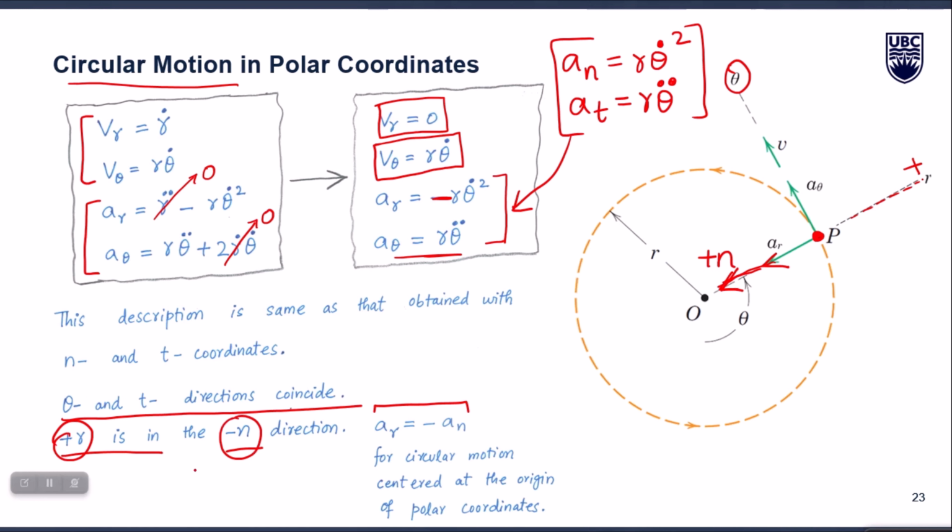Obviously plus n is towards the center of curvature, and minus n will be away from the center of curvature, that is plus r, right? So r and n will always have opposite directions, and therefore you have a minus here with the same magnitude but without a minus here. So a sub r is equal to minus a sub n, or a sub n is equal to minus a sub r, right? This is the case when the circular motion is centered at the origin of polar coordinates, when the origin is the same as the center of that circle, right?